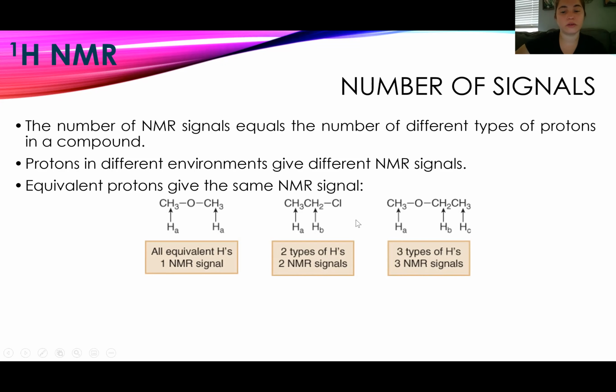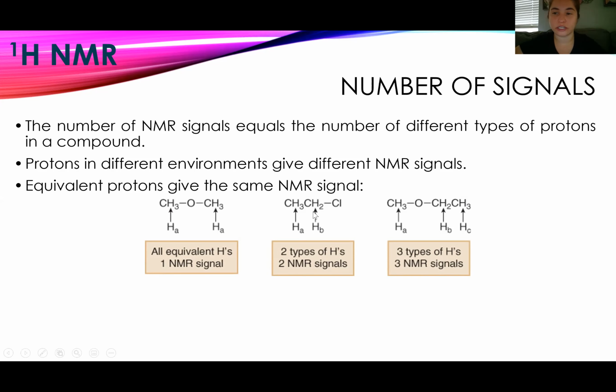Now in our next molecule, we have chloroethane. There are 2 different hydrogens present in this molecule, so we would see 2 NMR signals. The reason they're different is because these hydrogens are on a secondary carbon attached to a chlorine. A CH2 group is called a methylene carbon. So these are methylene hydrogens.